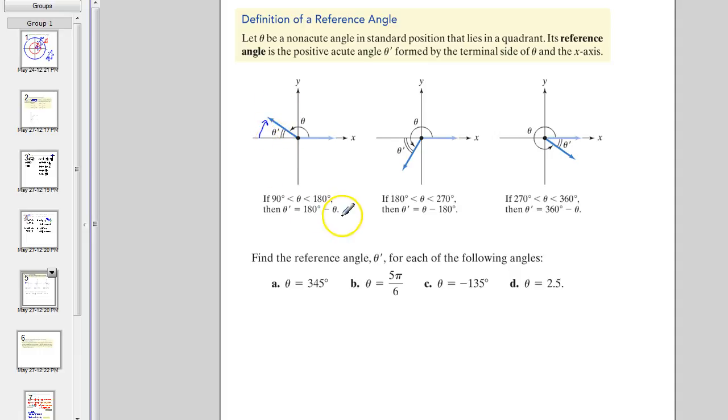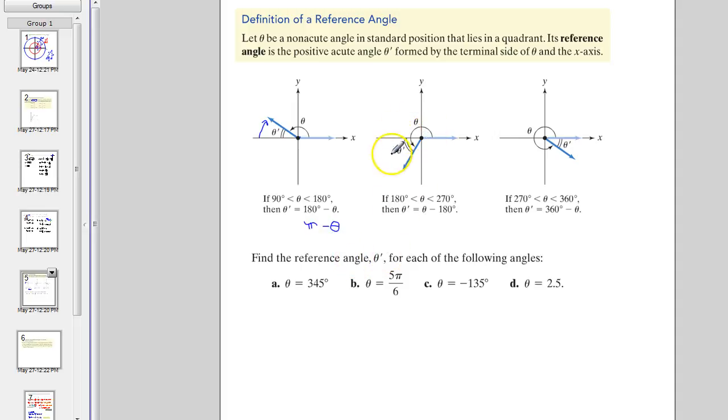So 180 minus whatever the angle theta was will give you a reference angle, basically this same angle in quadrant 1, and then you can just use whatever sine and cosine and tangent are for that reference angle. Okay, that's the idea here. So this is 180 minus theta, it's also pi minus theta if you have it in radian measure.